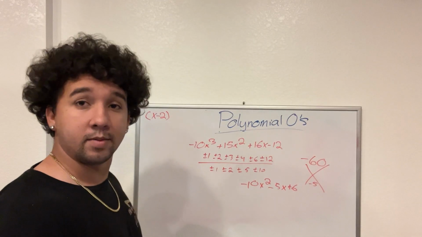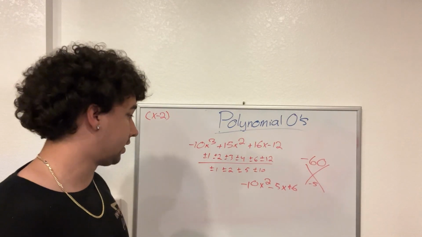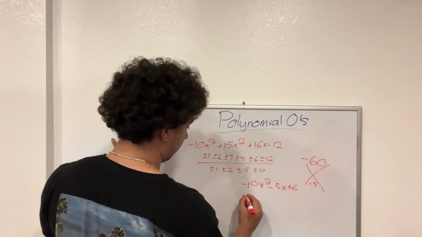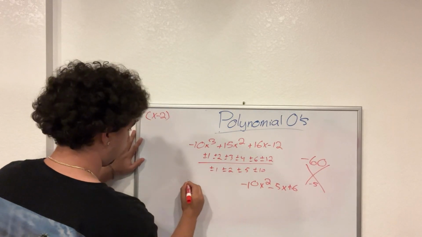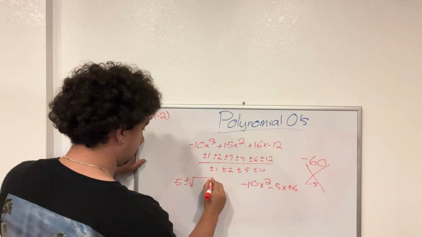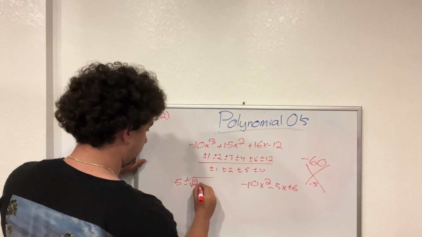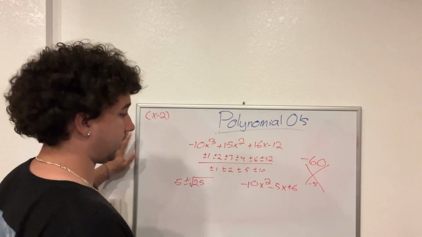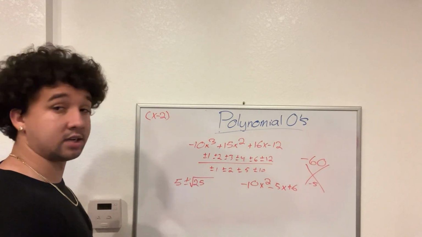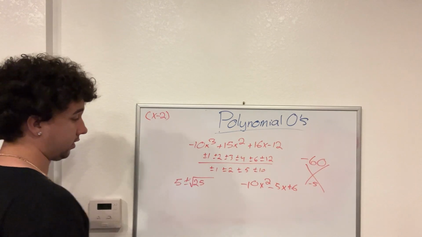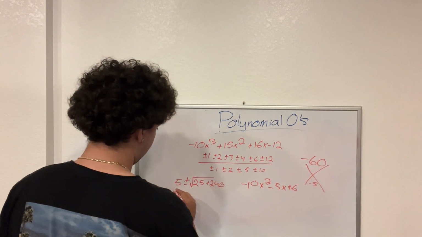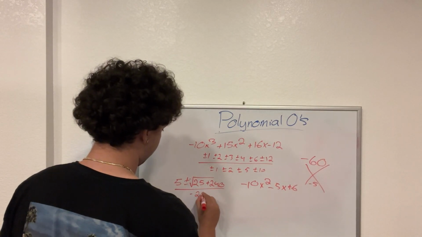So what does that leave me to do? Well, in that case, I would use the quadratic formula. So negative b, so 5, plus or minus the square root of b squared, so 25, minus 4ac. Negative 10 times 6 is negative 60, negative 60 times negative 4 is positive 240, all over 2a, so negative 20.